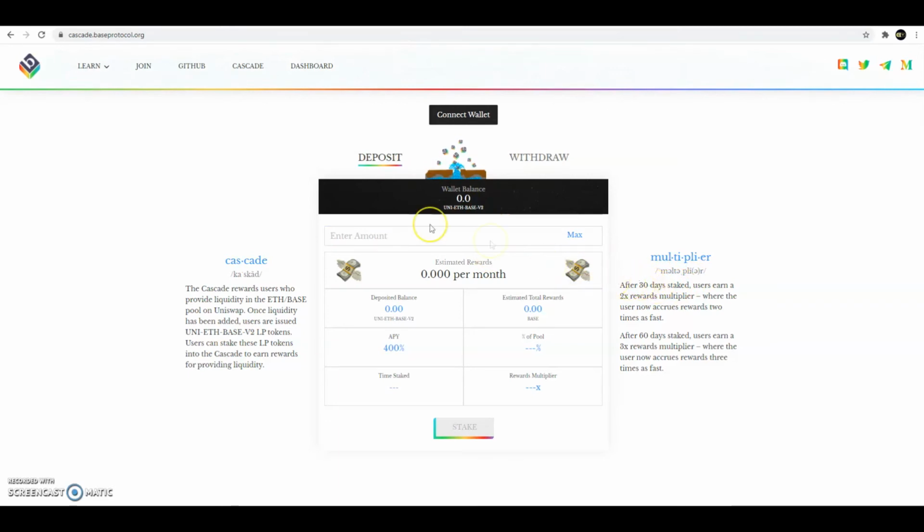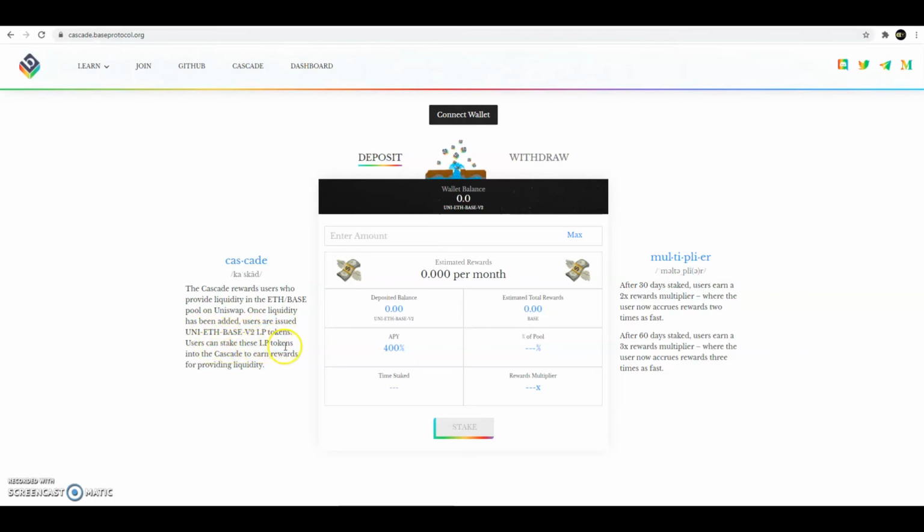What you have to do here, guys, is deposit your Uniswap LP tokens, which you would create using both ETH and Base tokens. As it says here, the Cascade rewards users who provide liquidity in the ETH and Base liquidity pool on Uniswap. Once liquidity has been added, users are issued ETH Base V2 LP tokens.